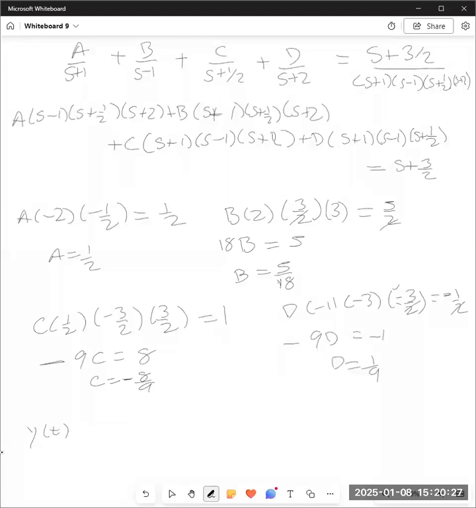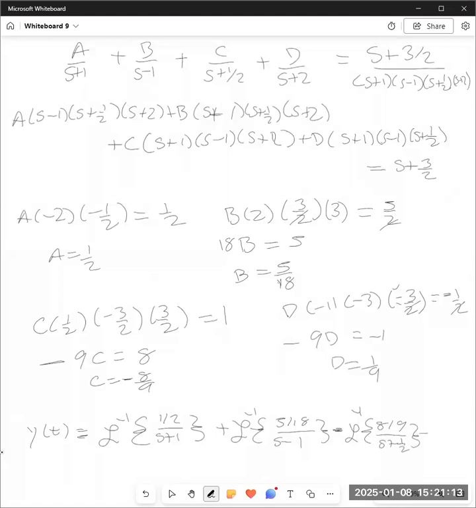It needs to be equal to the inverse Laplace transform of A, which was 1/2 over s plus 1, plus the inverse Laplace transform of B, which was 5/18 over s minus 1, plus the inverse Laplace transform of C, which was negative 8/9 over s plus 1/2, and then D was 1/9 over s plus 2.